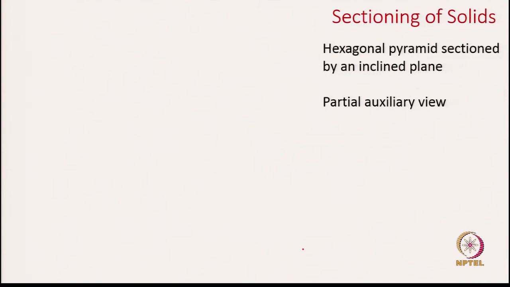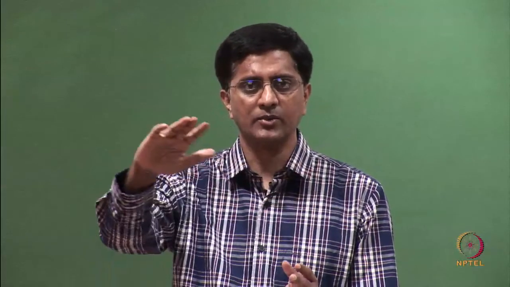Okay. So, we use the same technique also to section solids. So, let us say you have a pyramid or a prism, and you section the solid using a plane. Once you section a solid using a plane, the shape it cuts is not the cross section of the pyramid or the prism, right.